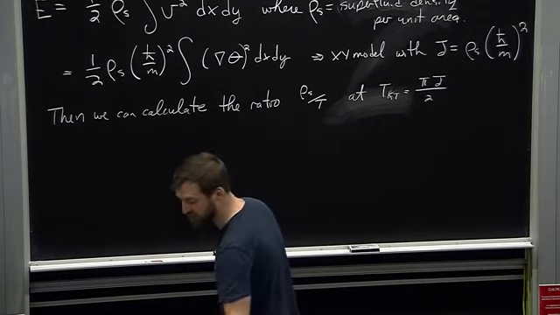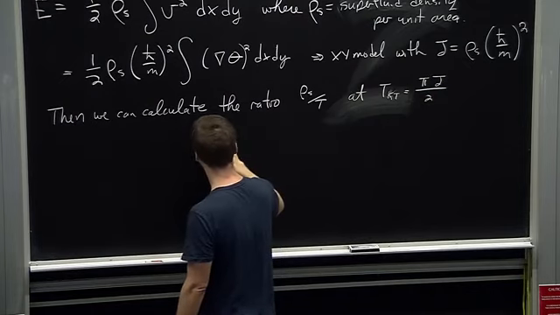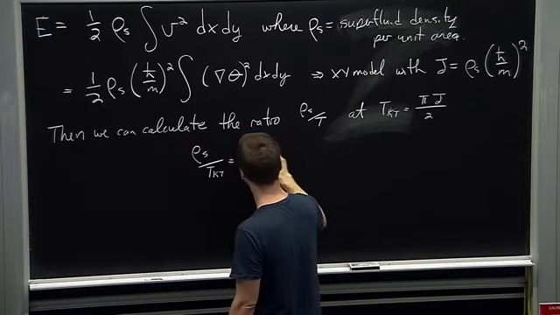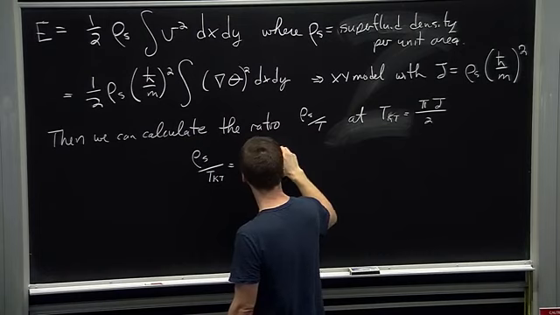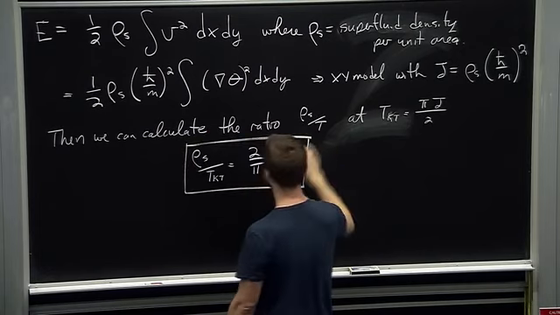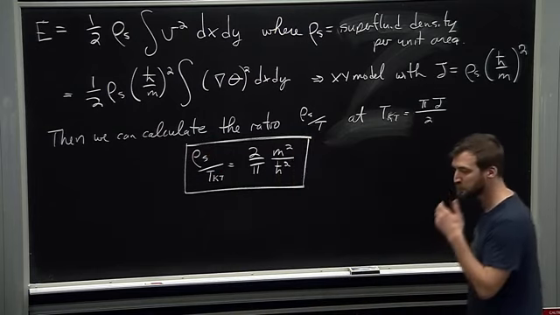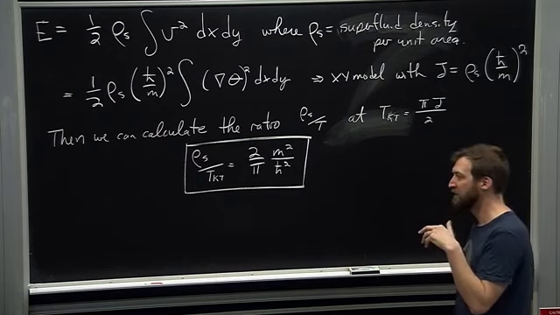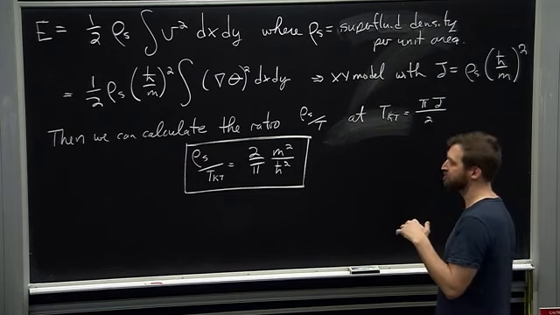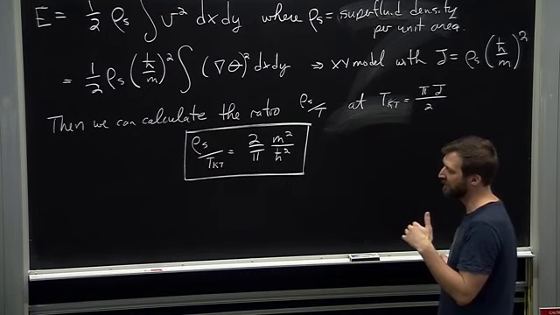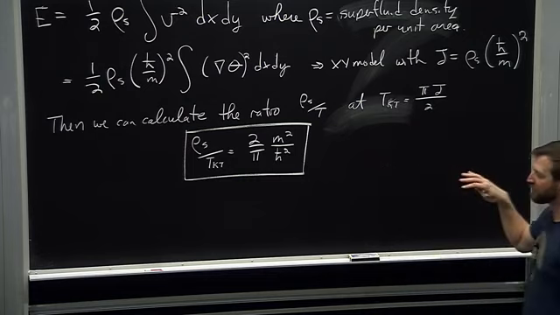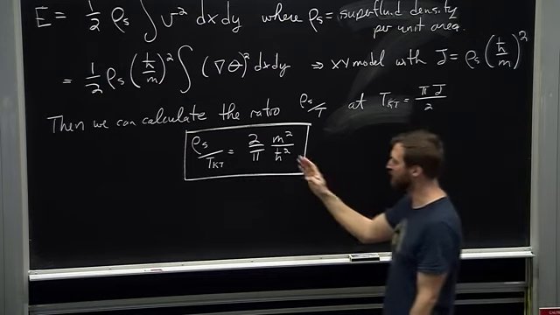So that gives us the universal jump. Two over pi, right? 2 over pi, and all those masses and h bars that nobody cares about. So this is important because this is what's measured experimentally. And it's called the Nelson-Kosterlitz jump, so this is not a rigorous derivation. But a rigorous derivation gives you the same thing.